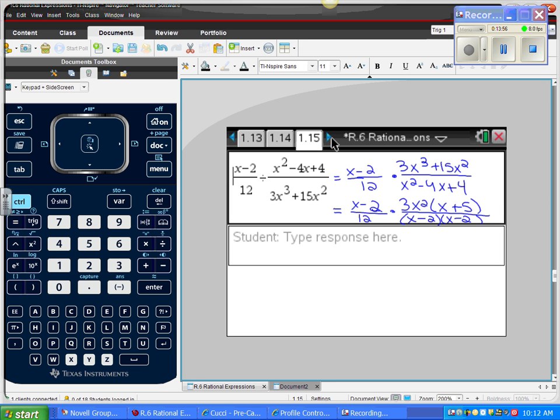All right, so let's see what can be simplified. And x minus 2 gets simplified. And the 3 and the 12 becomes 1 and 4. It doesn't look like there's anything else to simplify. So our final answer is x squared times x plus 5 over 4 times x minus 2. Okay, so division is simply multiplication, just with an extra step thrown in there.